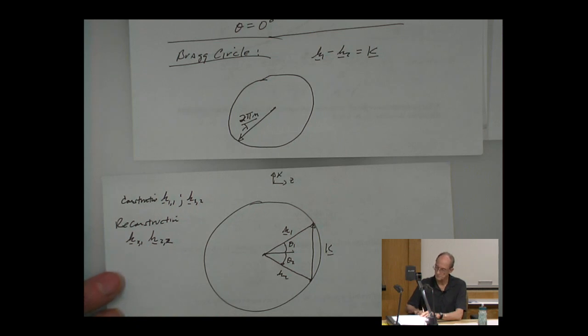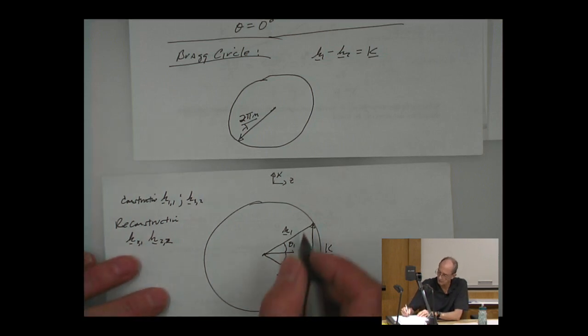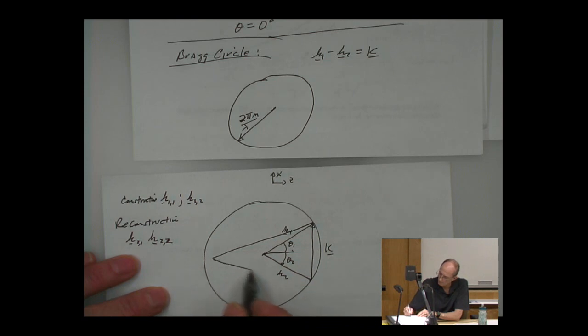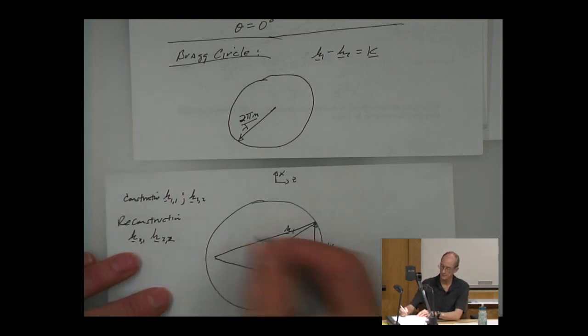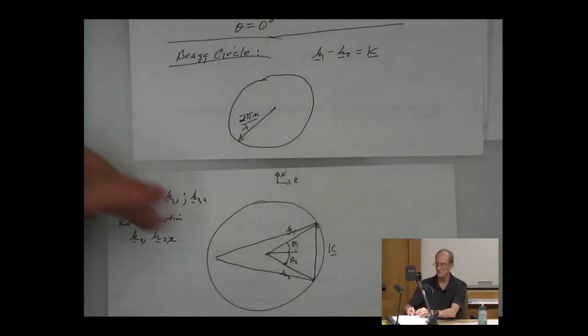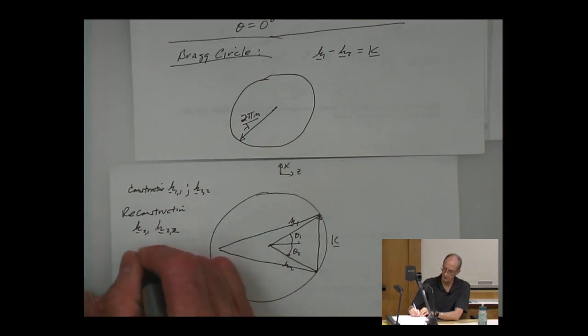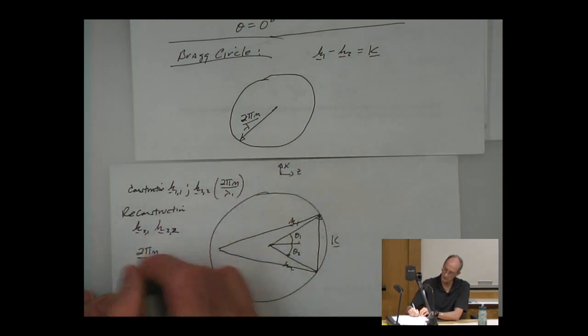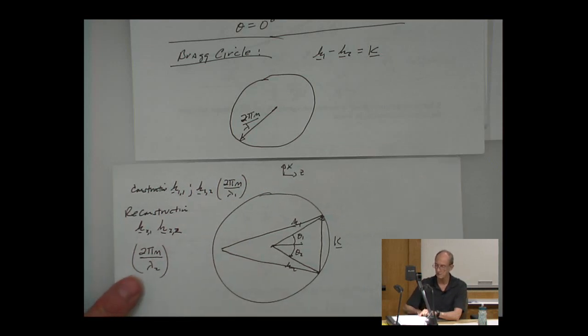All right. So let's say our reconstruction wavelength is shorter than our construction wavelength. If it's shorter, then we're going to have a longer k-vector there. So we're actually going to have another circle with radius equal to 2 pi n over lambda 2. This is 2 pi n over lambda 1 for the magnitude for that circle, and this is 2 pi n over lambda 2.